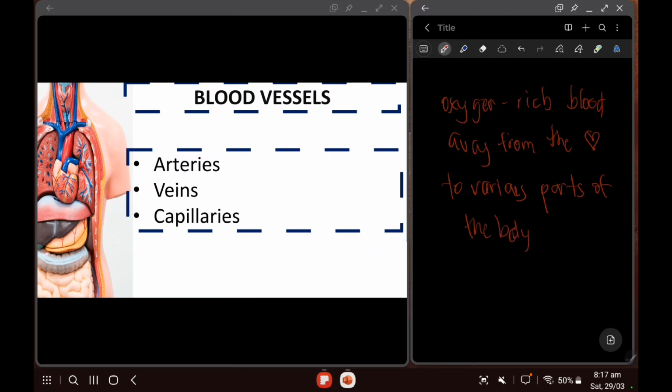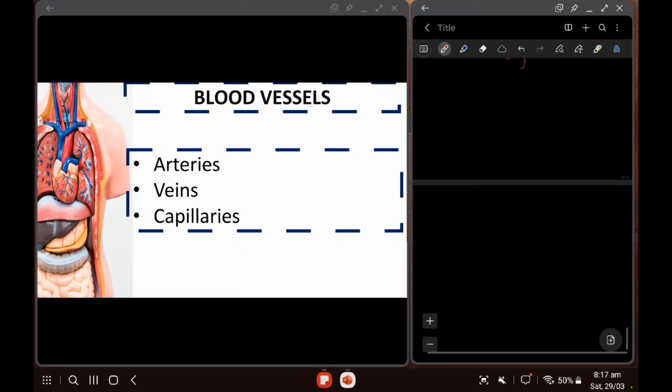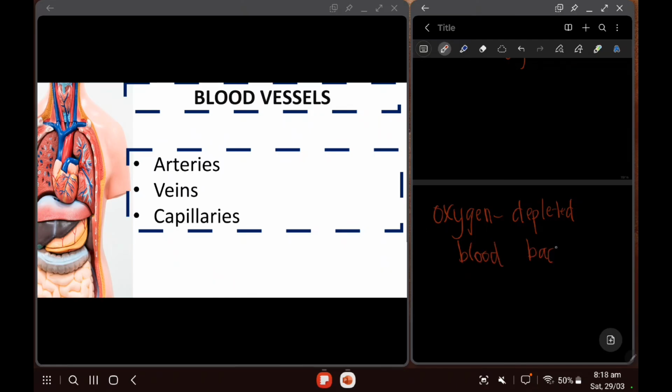So, ang arteries po is, thick muscular walls that help to maintain blood pressure. While si veins, ang kine-carry naman niya is oxygen-depleted blood back to the heart.